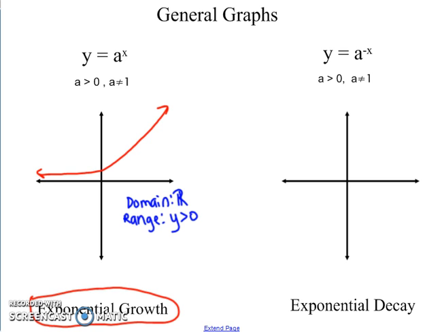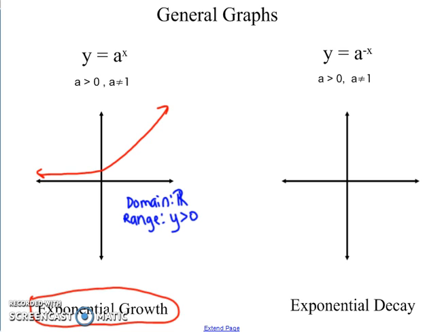If you plug x values into this equation, you're never going to get 0. And also, you're never going to get any negatives, because a is always positive, so no matter what we plug in for x, it's always going to be a positive value. Even if we plug in negative values for x, remember a negative exponent brings the number to the bottom, so it just becomes a fraction. It's not becoming negative. So your range is always going to be y is greater than 0.